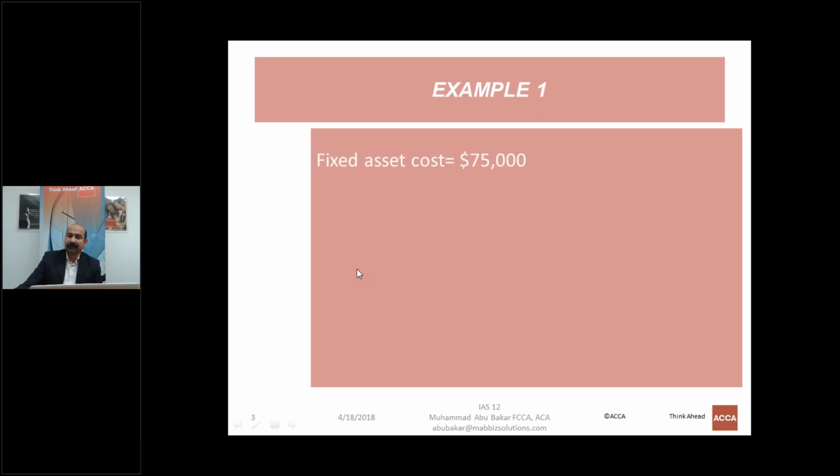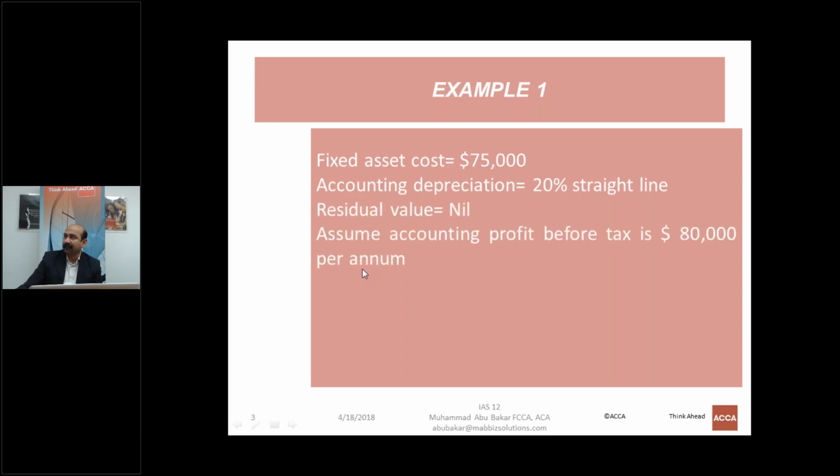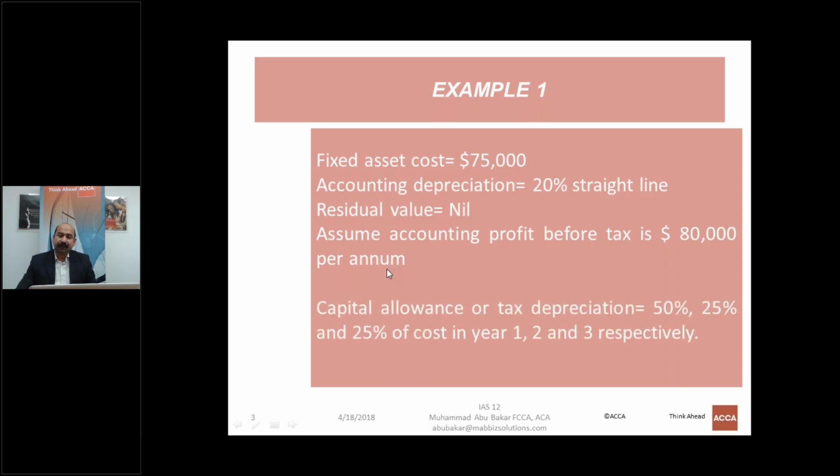Assume we have a fixed asset costing 75,000, and the accounting depreciation rate is 20% using the straight line method, and residual value is nil, and assume accounting profit before tax is 80,000 per annum. And capital allowances or tax depreciation are assumed as 50% in year 1, 25% in year 2, and then again 25% in year 3 respectively.